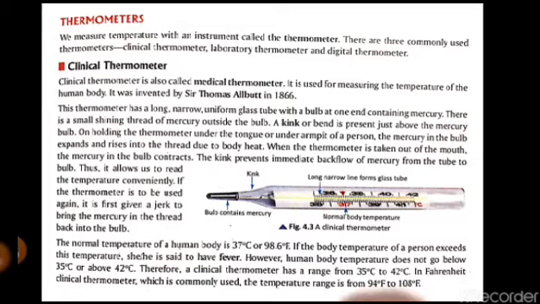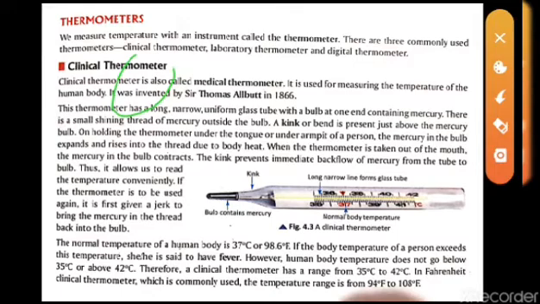So, in the previous videos, we had started chapter number 4, that is heat and temperature. Over there we had seen how we can measure the hotness or coldness of a material, and we had seen that from the temperature scale we can measure those things.